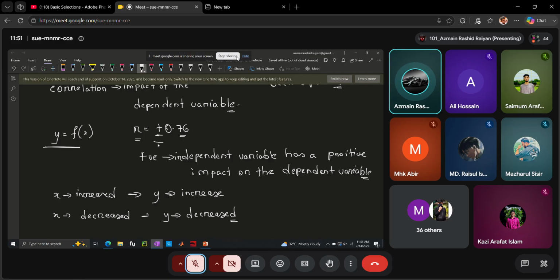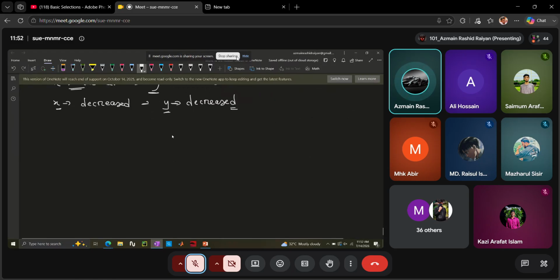If my correlation coefficient is positive, it indicates a direct proportionality. So I can understand that the relation is directly proportional, which means if my independent variable increases, the dependent variable will increase. Similarly, if my independent variable decreases, then the dependent variable will decrease.